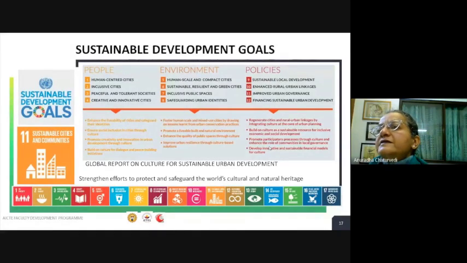And it is necessary to build on culture as a sustainable resource for inclusive economic and social development. It is necessary to promote participatory processes through culture and to enhance the role of communities in local governance.